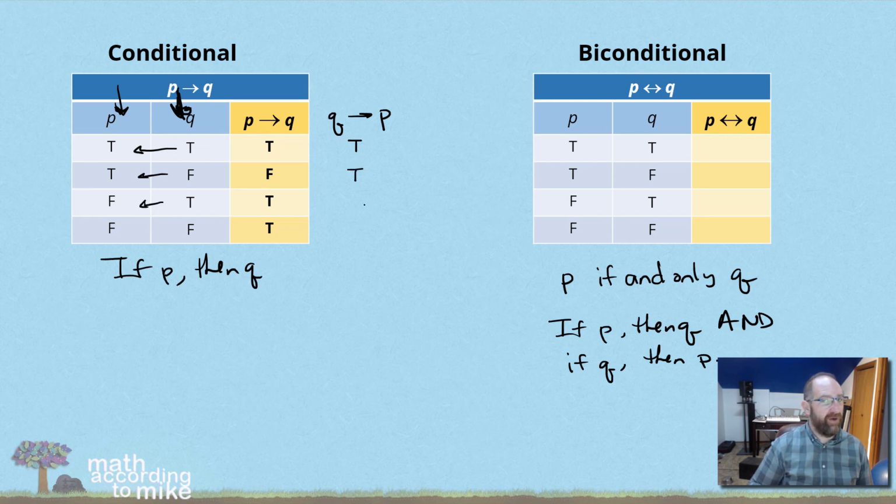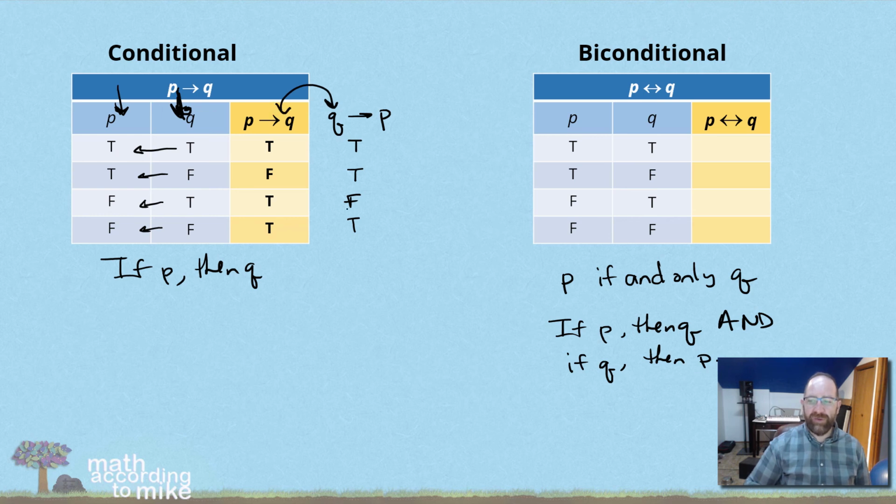True implies false is false. False implies false is true. So remember, for a conditional, the only thing that's bad is when true implies false. Otherwise, it's true.